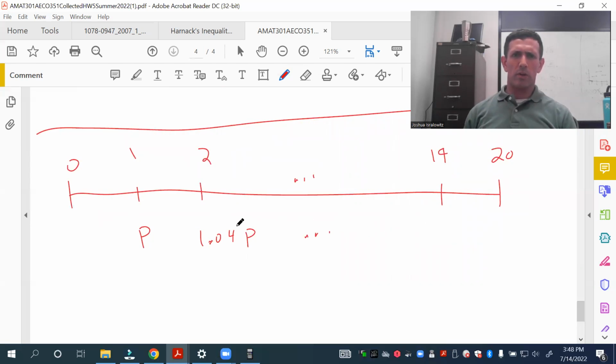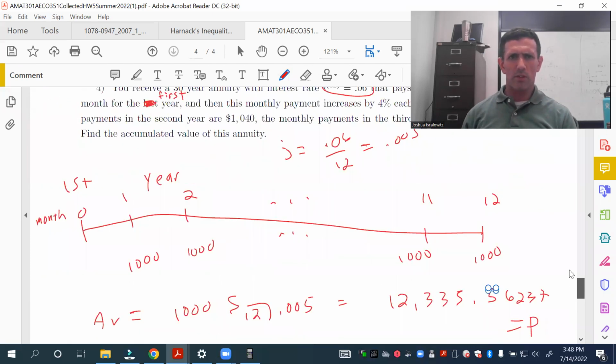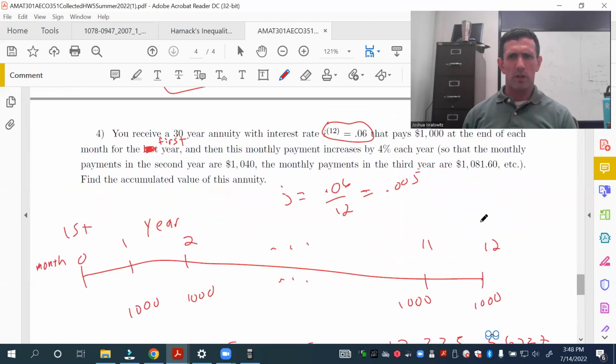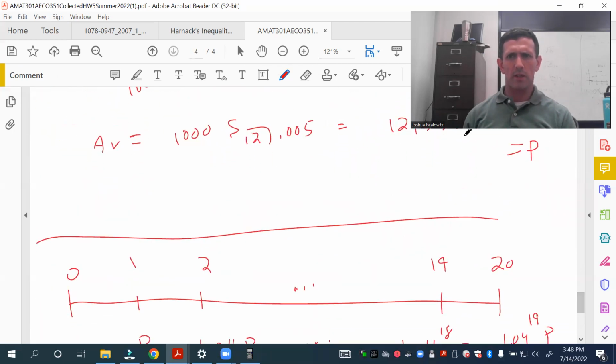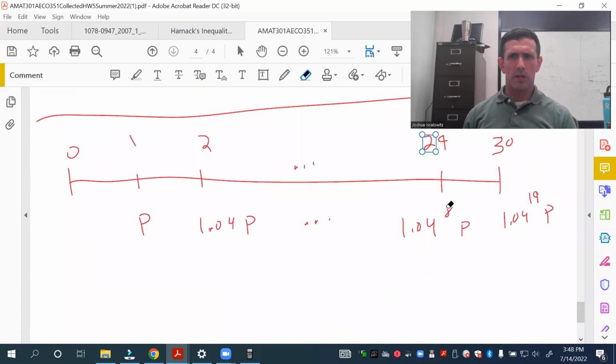So the pattern would be 1.04 to the n minus 1 times P. So this is 1.04 to 28, 1.04 to 29.